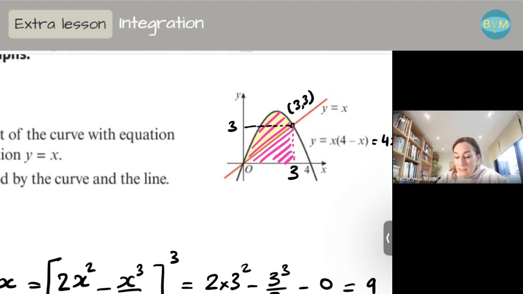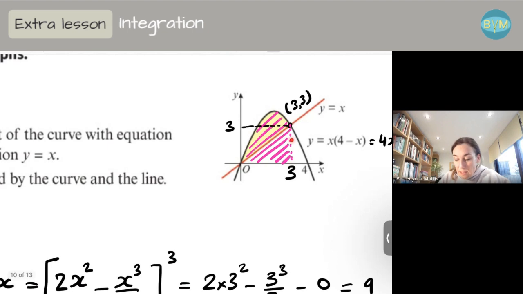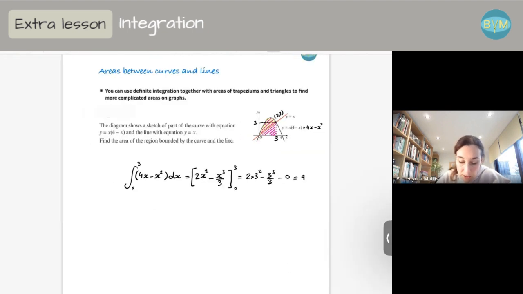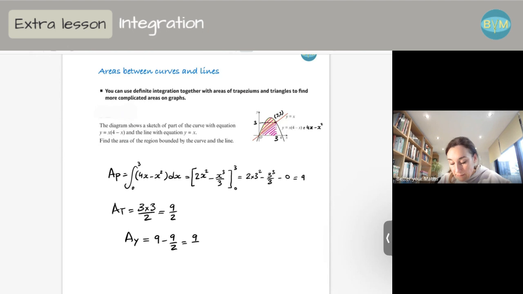So my triangle is 3 times 3 divided by 2, which is 9/2. So the yellow area is going to be 9 minus 9/2, which is 9/2.